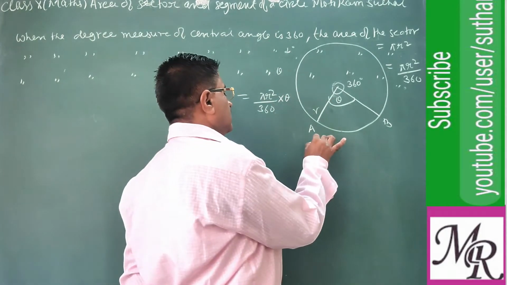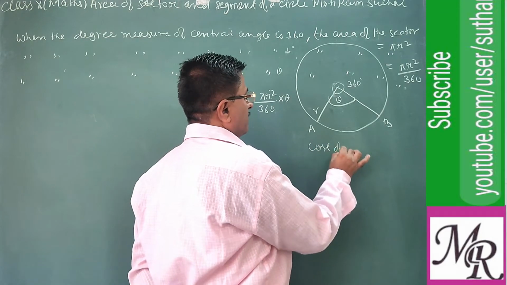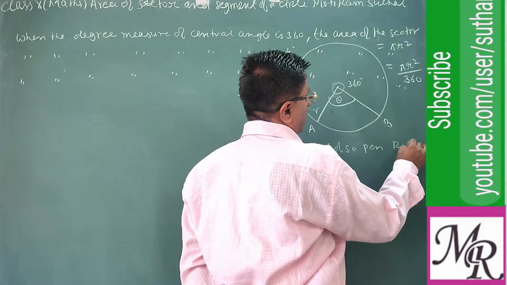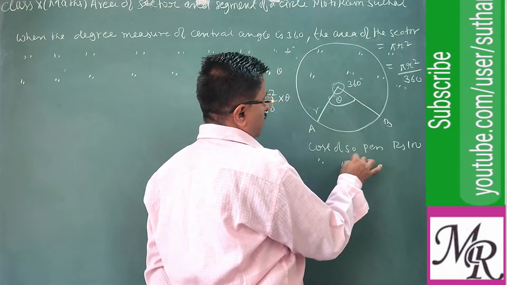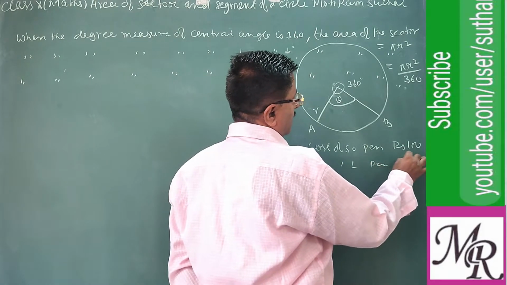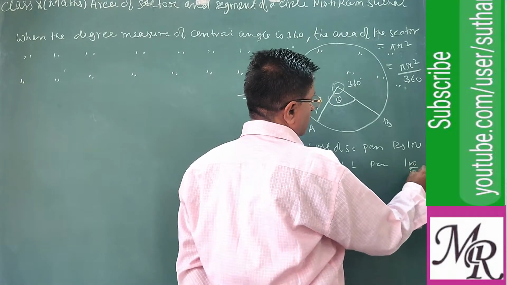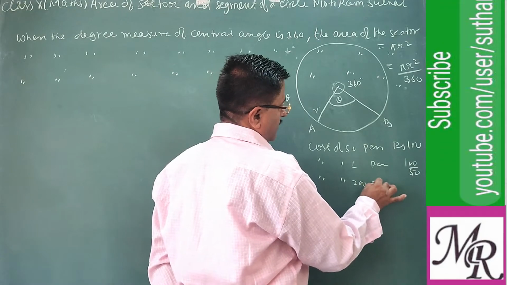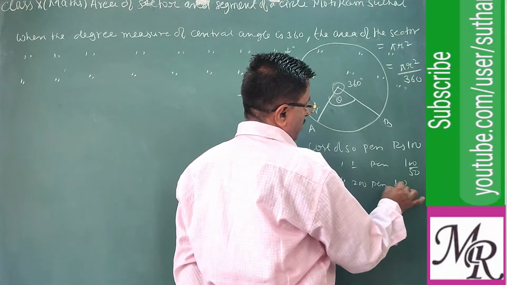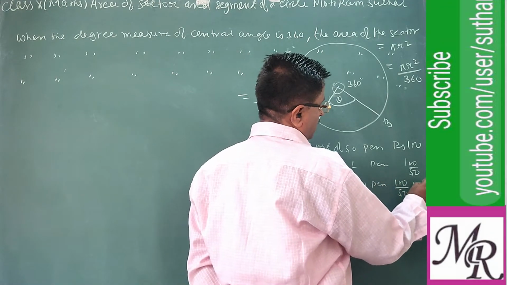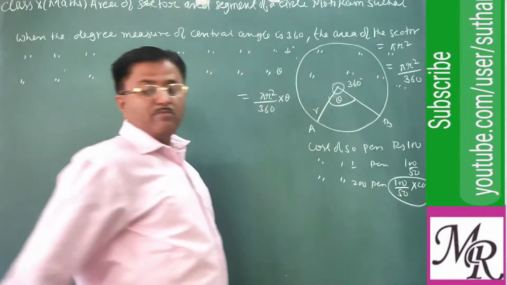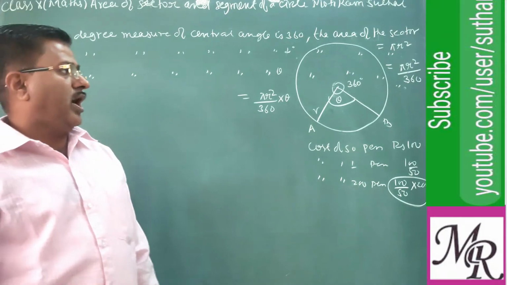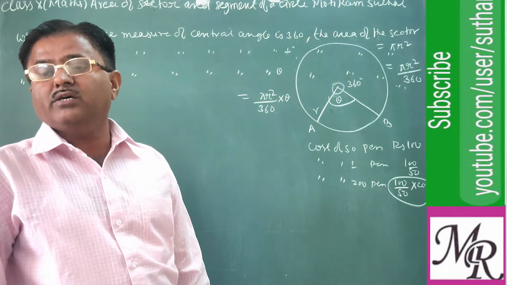Like here we can say cost of 50 pens is rupees 100. So cost of 1 pen is 100 upon 50, or cost of 200 pens is 100 upon 50 into 200. So in the same unitary method we are using here to find the area of the sector.